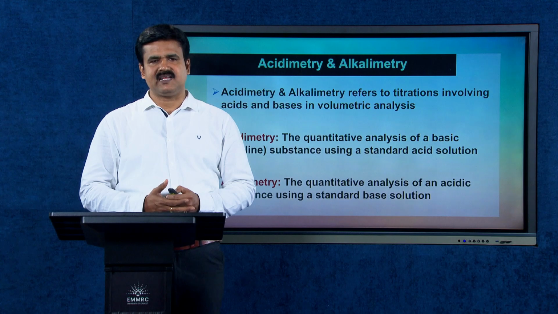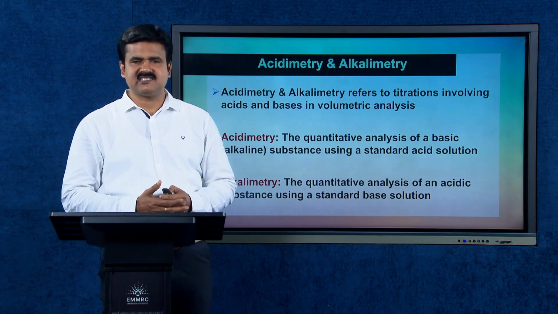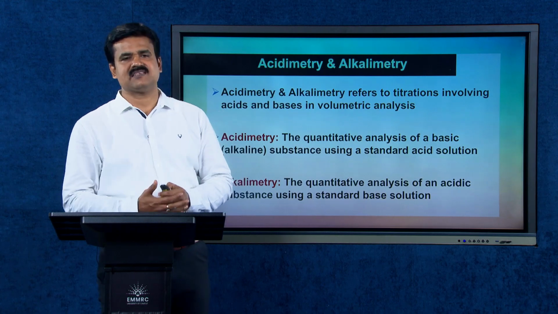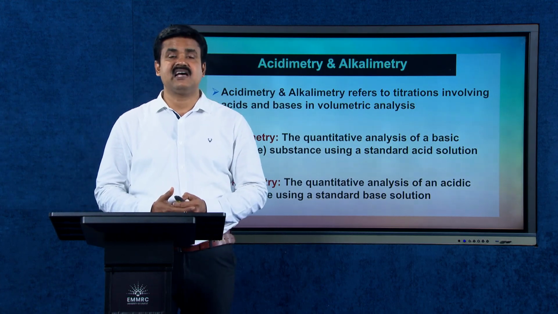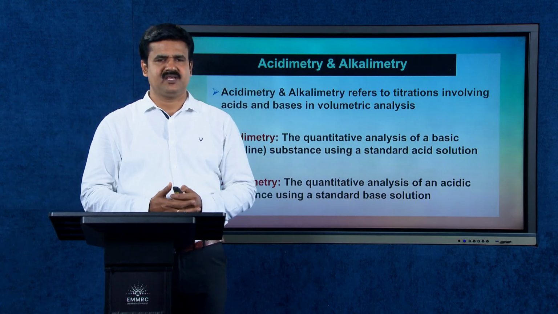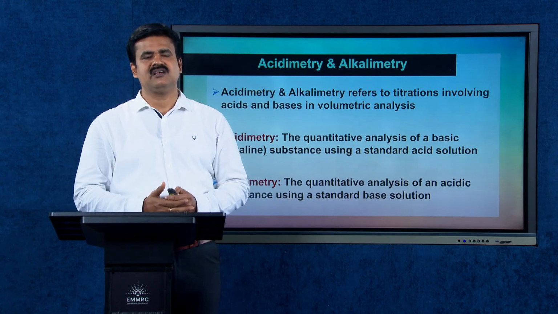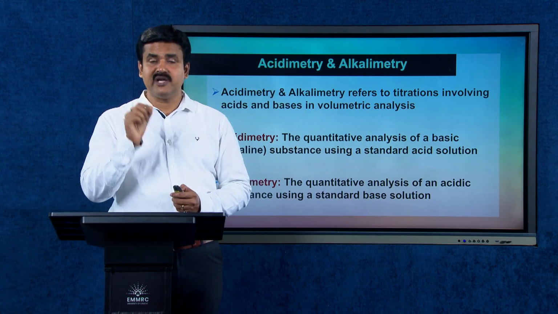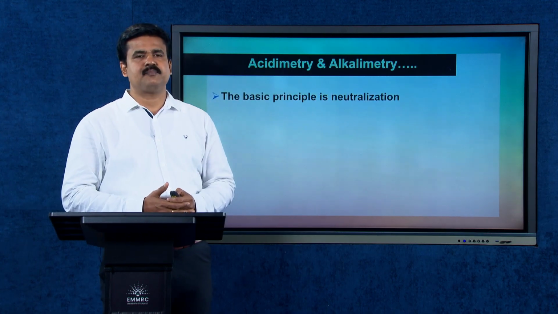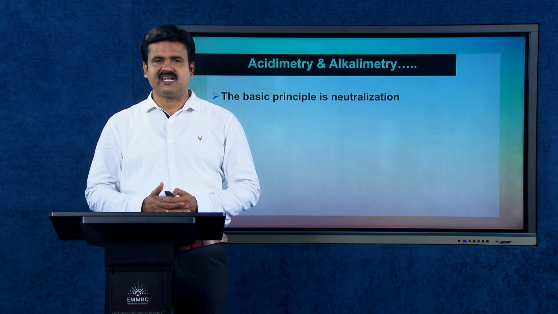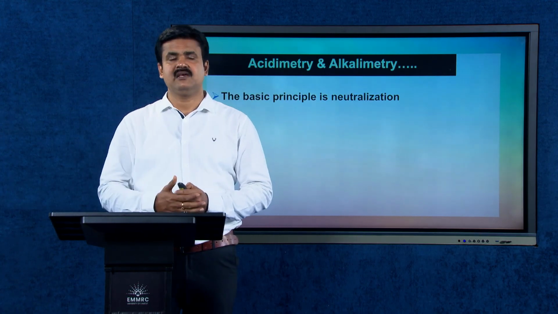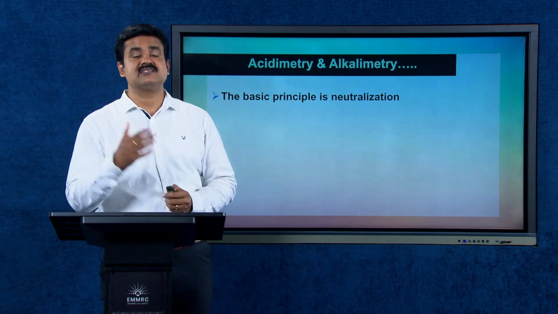Alkalimetry is the quantitative analysis of an acidic substance using a standard base solution. You are familiar with the standard solution. A standard solution is a solution with exactly known concentration. The basic principle of acidimetry and alkalimetry is neutralization, that is the reaction between acid and base to produce salt and water.